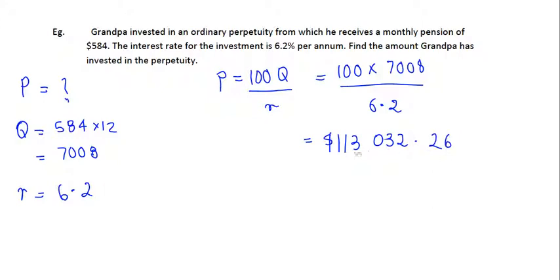And there we have how much Grandpa has in his perpetuity. This would give him a yearly payment of $7,008, but as a monthly payment, it would be $584.